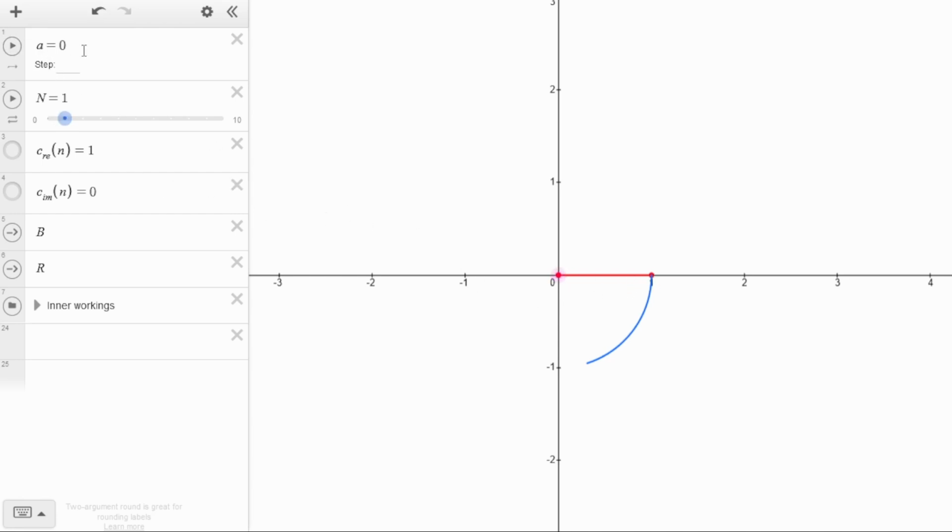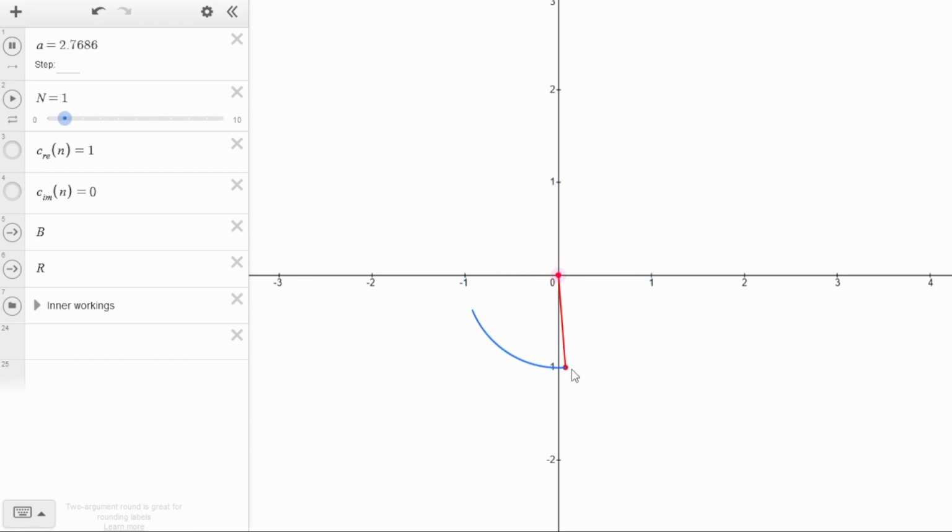This A shows the time. So if I change the time, what you can see is that the output of the function is moving. At A equals about 2, it seems to be a bit less than 1. Okay, so 0.982 plus 0.19j. And it's changing with time.